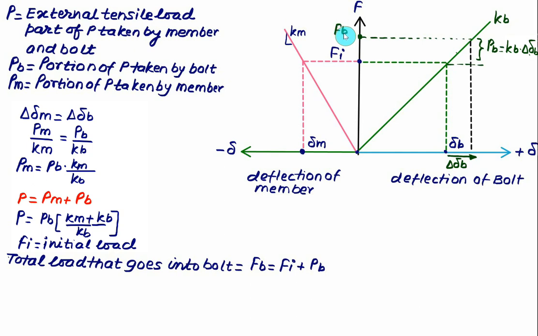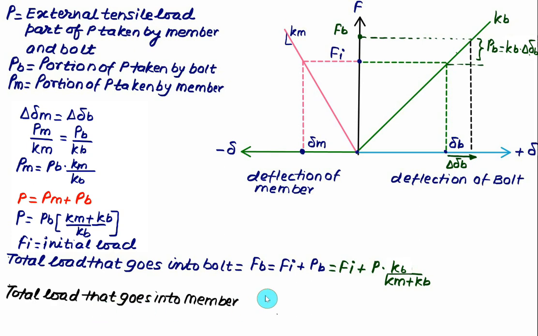So this total load FB is nothing but Fi plus PB. PB is equal to P multiplied by KB divided by Km plus KB. In this fashion we can calculate the total load that goes into the bolt.